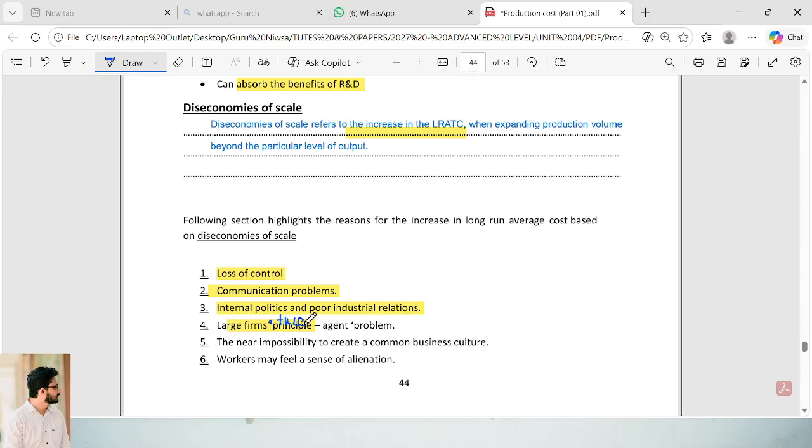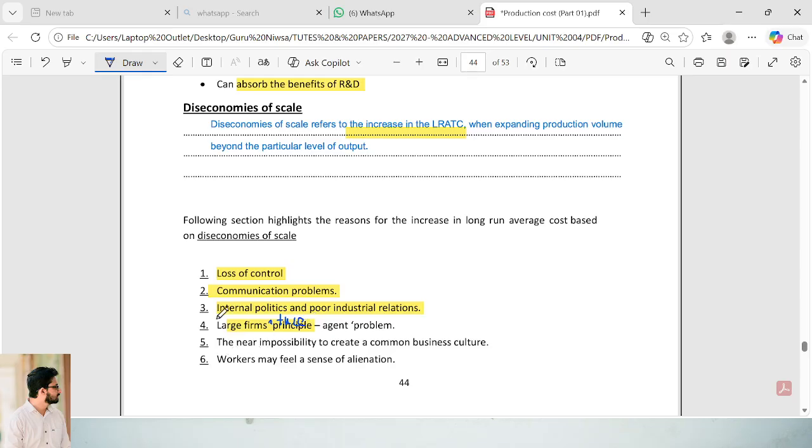All owners can't be involved in management, so management is given to another group of people, but their objectives are different. Owners want to increase profit or dividends, but managers think about their salaries and their benefits, right? So there's a problem. The principal wants something else, the agent wants something else. That's also possible at large scale.